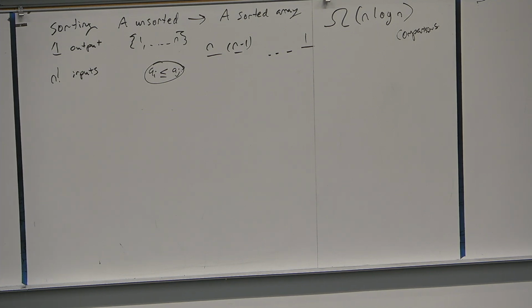So what we can say is that we may arrange things the same way we did with binary search, where we arrange the elements as leaves of a tree. We may not arrange the n elements as leaves of a tree, but the n factorial possible answers, right? So each of these could be leaves of a tree.